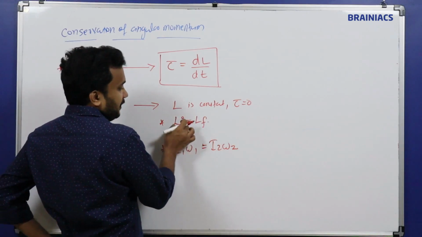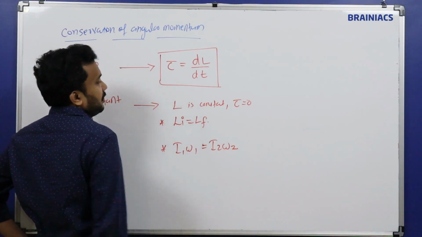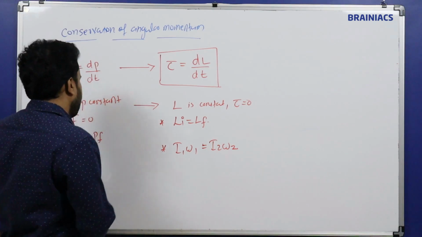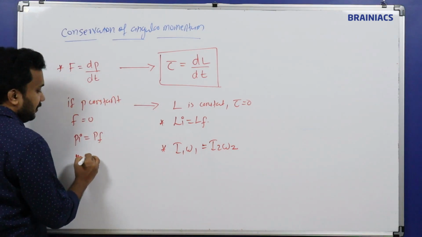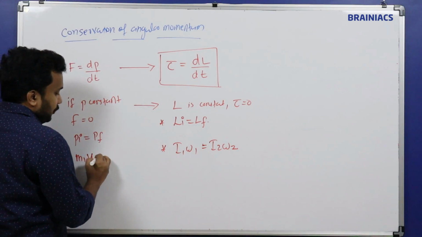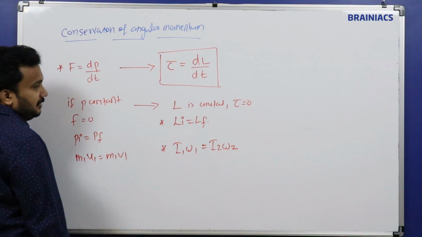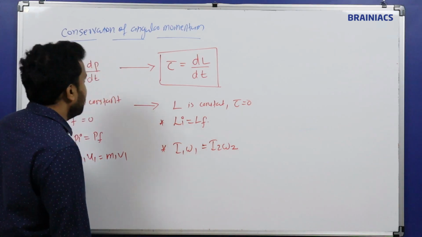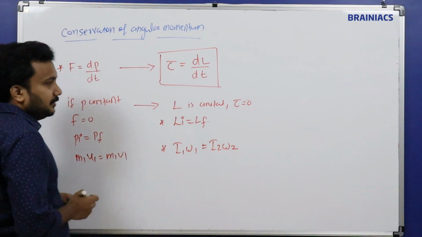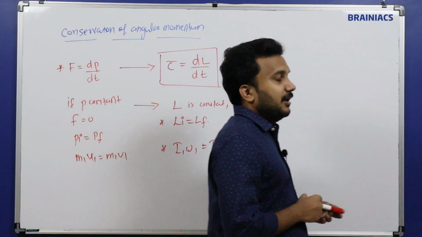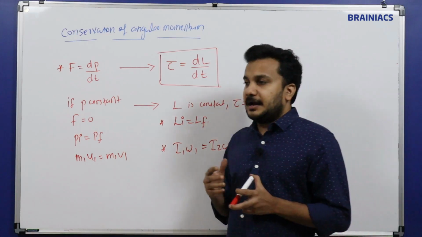But in short, if there is one momentum, then I1 omega 1 equals I2 omega 2. Here, in linear motion, we write m1 u1 equal to m1 v1, initial velocity and final velocity.